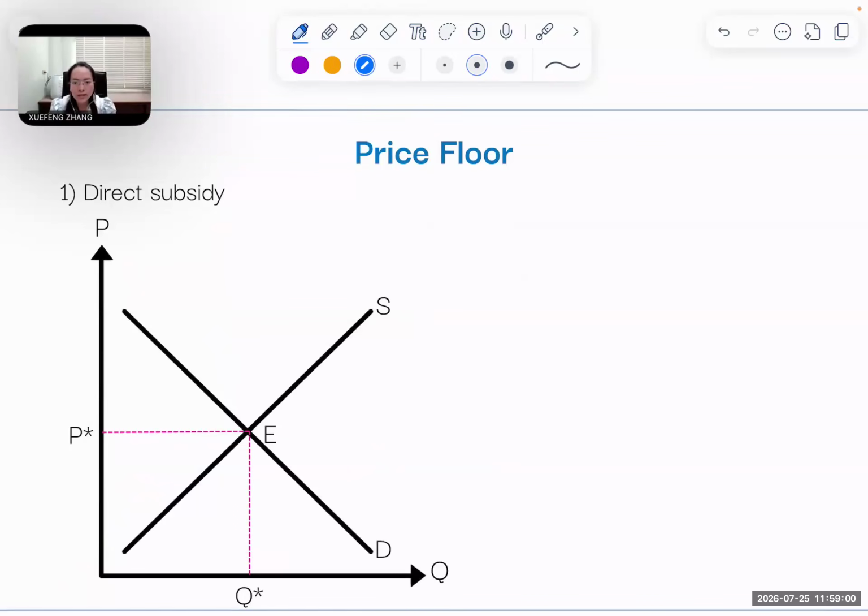So the government doesn't touch the market price at all. Think about the Thai rice. Free market price might be 8,000 baht per ton, but government promises farmers 15,000. So it just pays the 7,000 baht gap straight to the farmer.